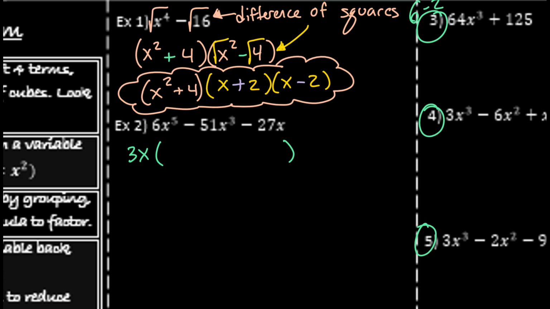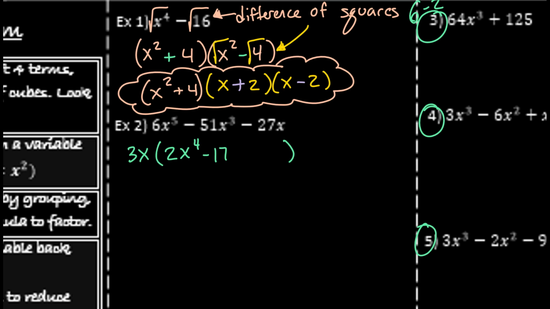What is 6x to the 5th power divided by 3x? 2x to the 4th. You subtract 5 minus 1 and you get 4. What is negative 51x cubed divided by 3x? What's 51 divided by 3? 17.